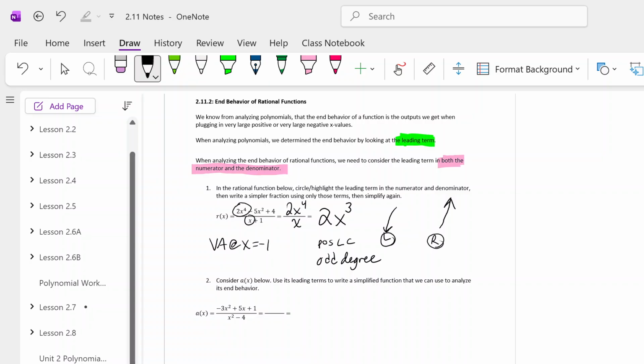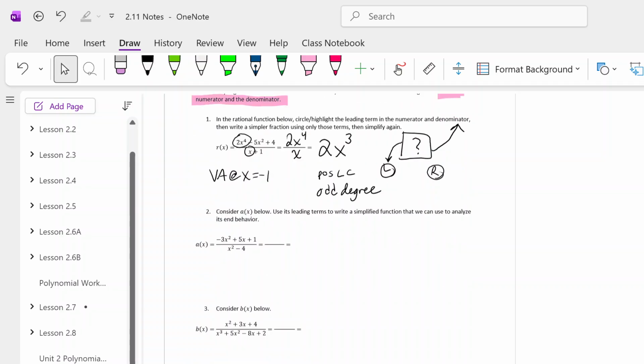There's a lot going on in the middle, but our function is ultimately going to go up and positive to the right, and down and negative to the left. Let me fix that arrow there. It behaves the same way as though we were just looking at a polynomial, where we focus on two things: leading coefficient and degree.